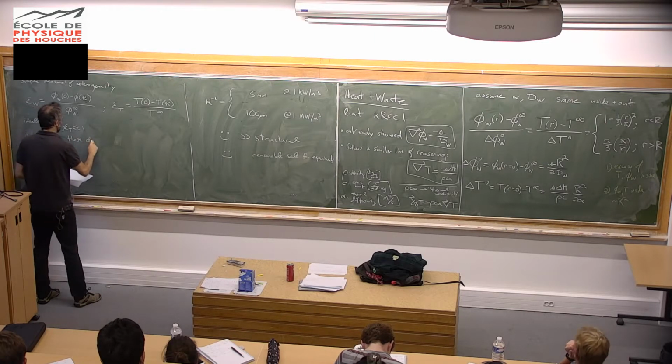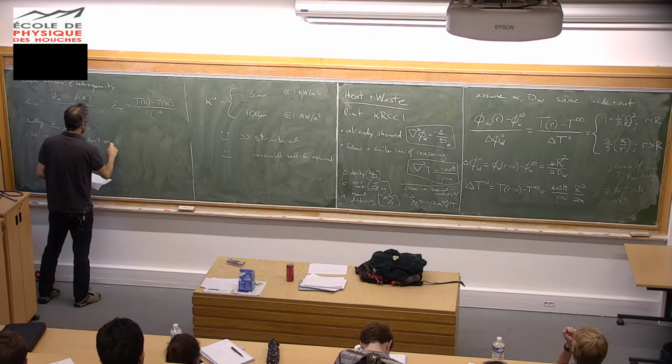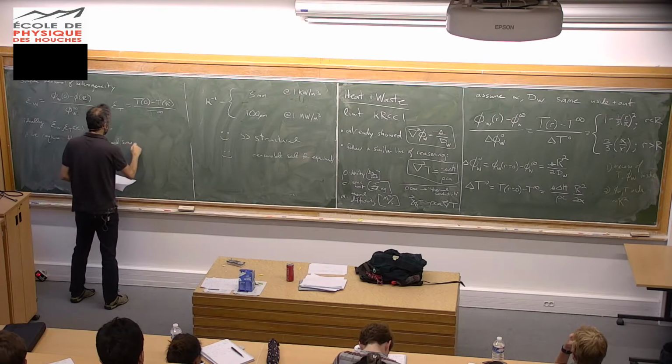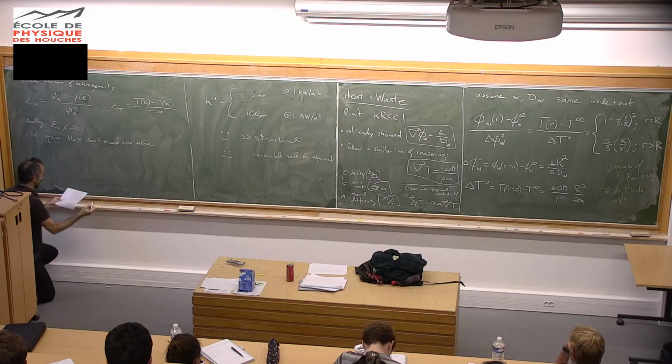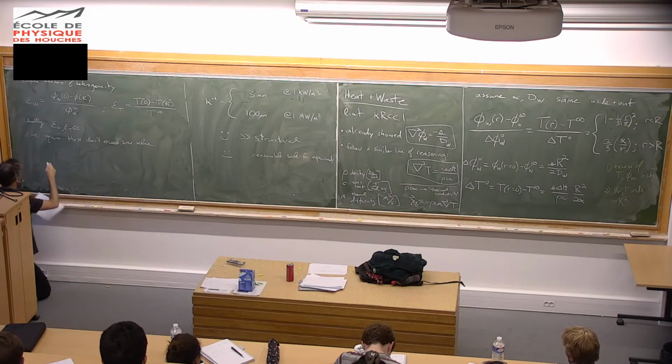Okay, so if we require that these don't exceed some value, then that puts constraints on the size of the system. Because, well, I'll show you.